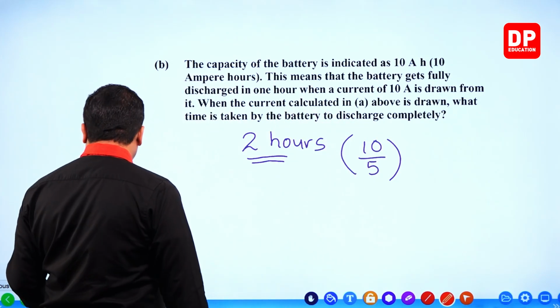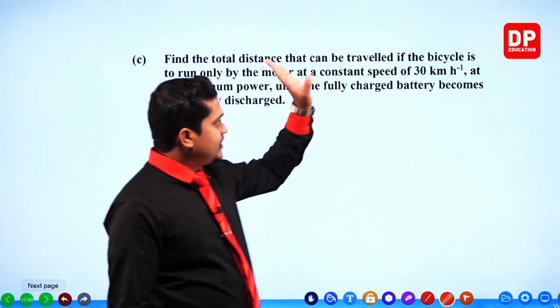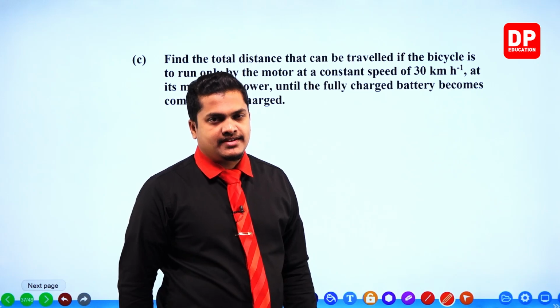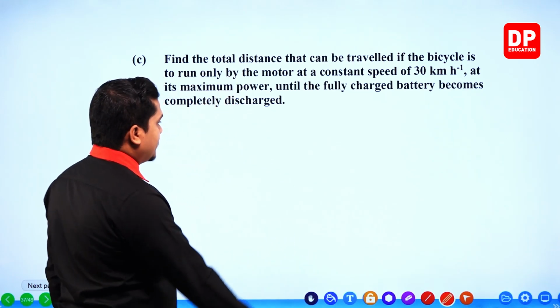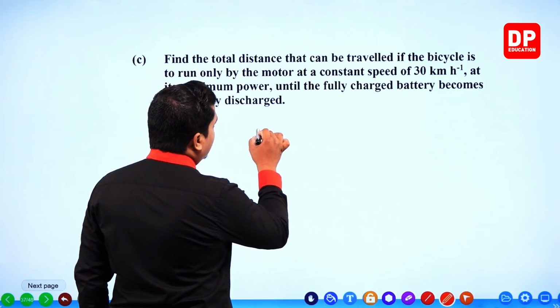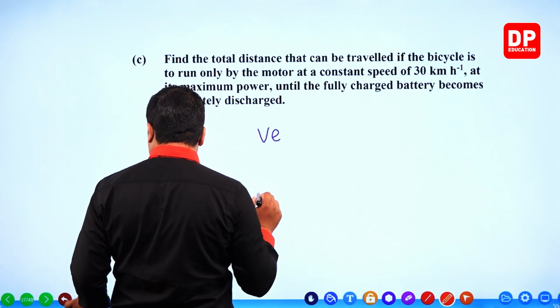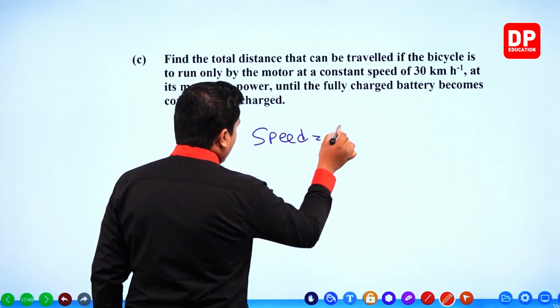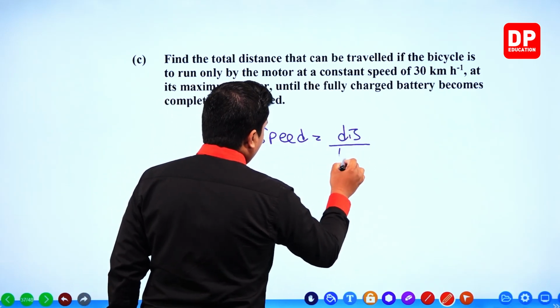The question says it runs at 30 km/h, a constant speed or constant velocity. So we know that velocity, or else speed, equals distance over time.